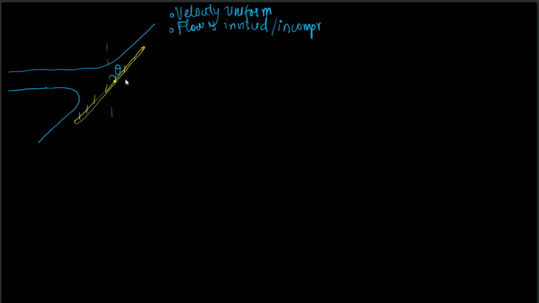So the question is, we have to find an expression for the force. Okay, it is given that this is A naught Q naught, this is A1 Q1, and this is A2 Q2.